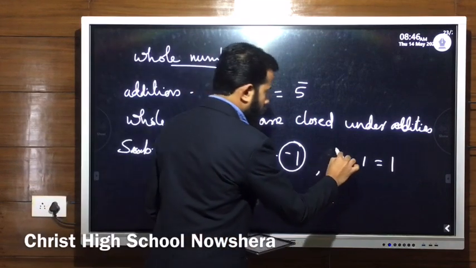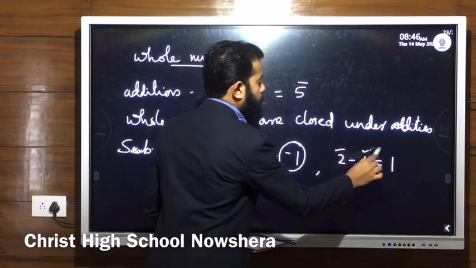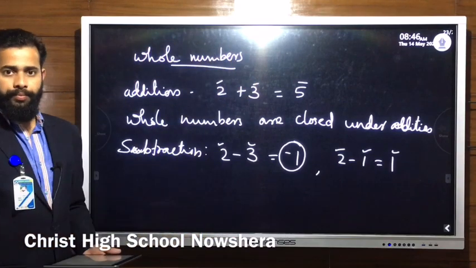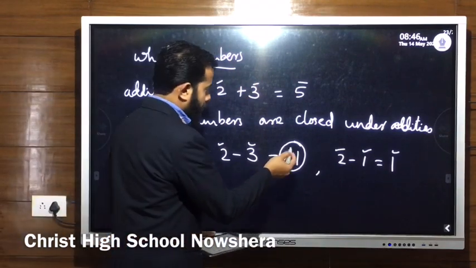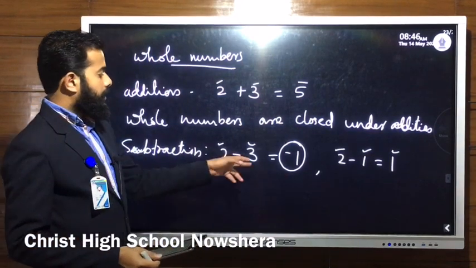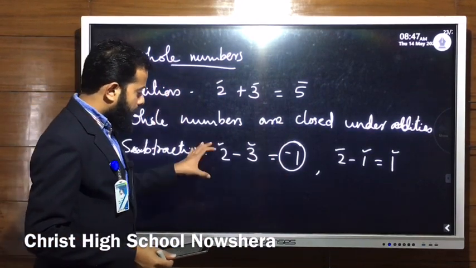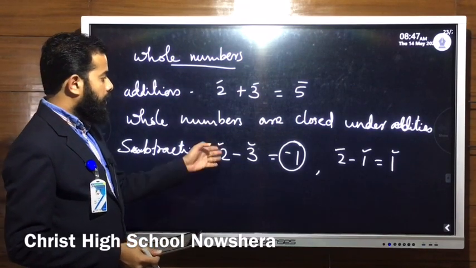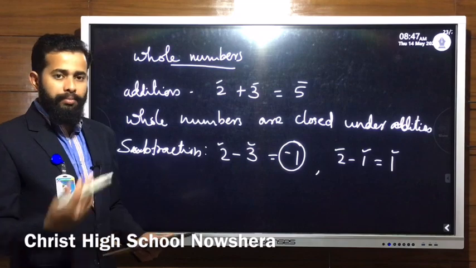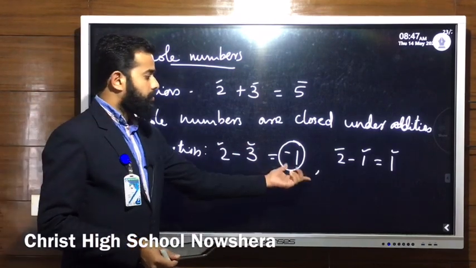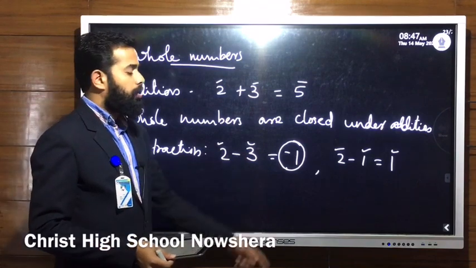But here 2 is a whole number, 1 is a whole number, and again 1 is a whole number. Now there is a contradiction according to the statement that we have studied. 2 minus 3. What type of numbers are involved in the operation, the result also should be the same kind of number. 2, 3 are whole numbers, but the result is minus 1, that is not a whole number.